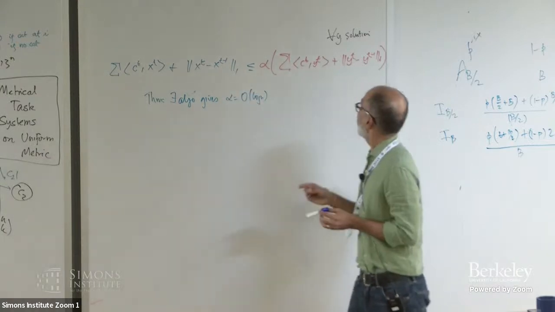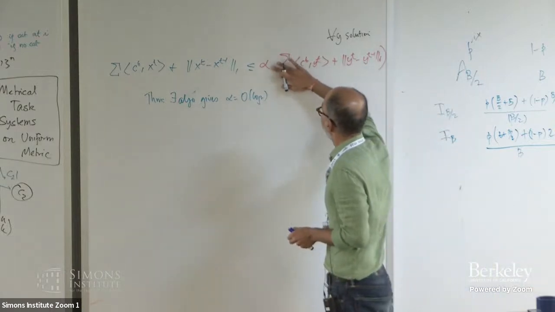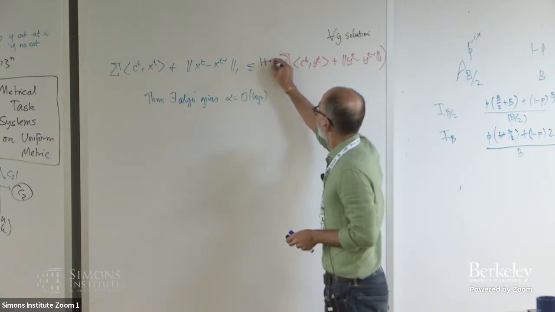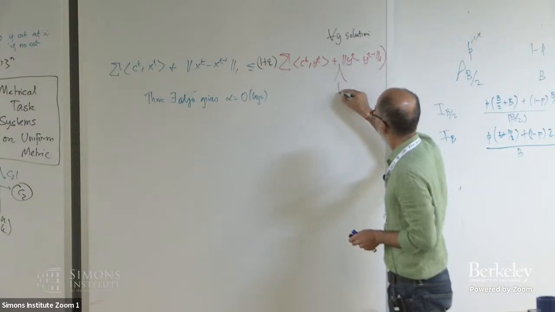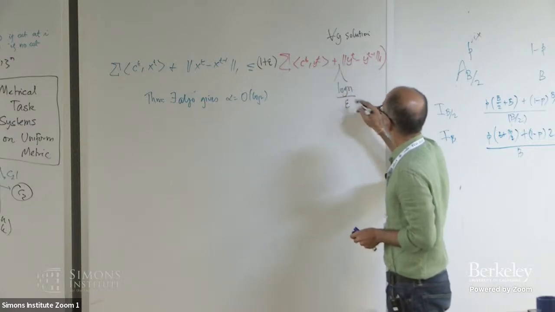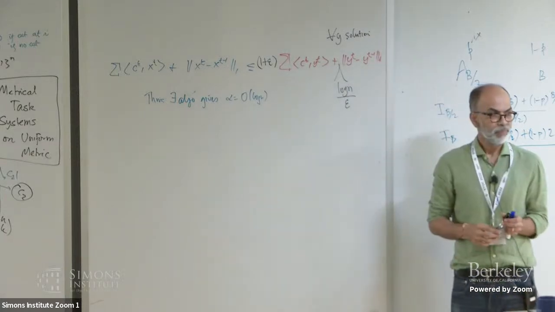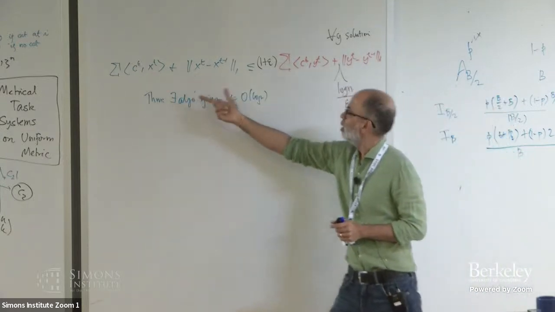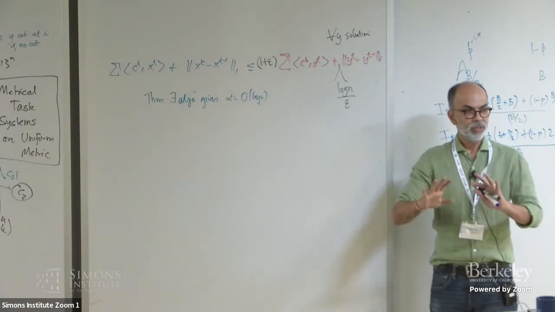But actually, there is an algorithm that does even better. So let me just tell you what it gives. It gives, and I'll just write it out here, 1 plus epsilon times the hit cost plus log n over epsilon times the movement cost. It just says your solution is at most this much times any other solution.